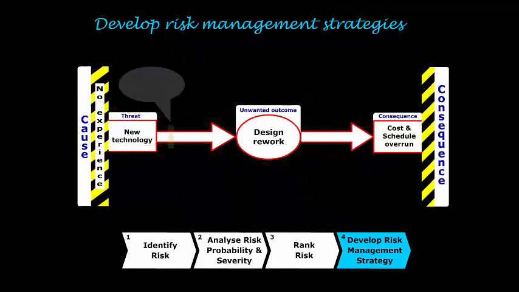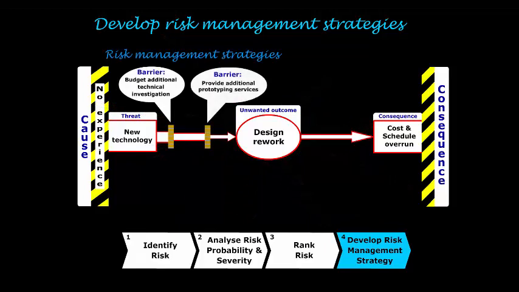We can reduce the probability that we'll lose control by introducing risk management strategies that act as barriers to loss of control. For example, we can avoid rework by budgeting for technical investigation and prototyping of new technologies.